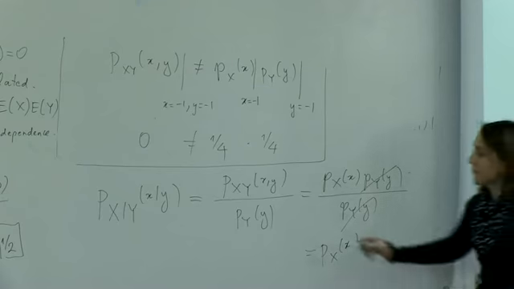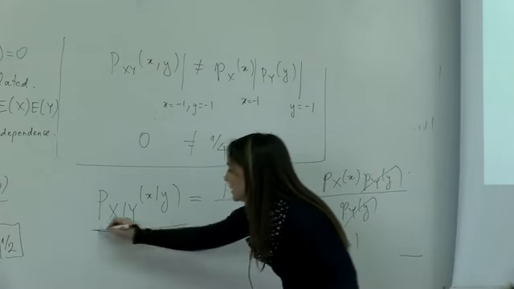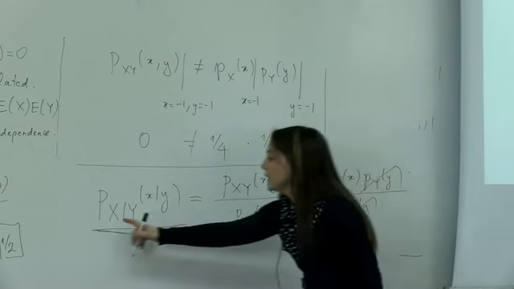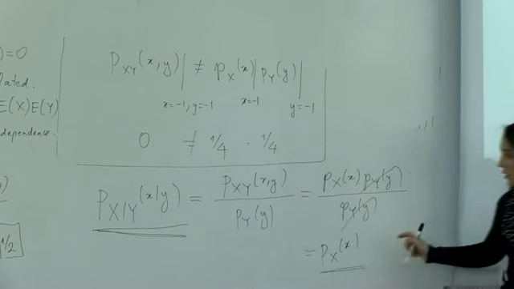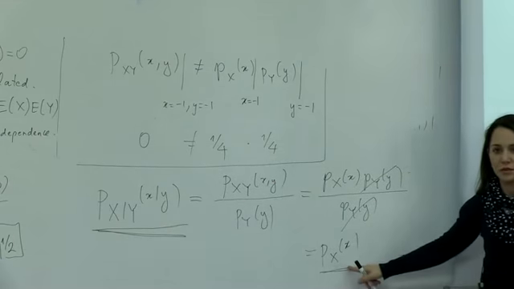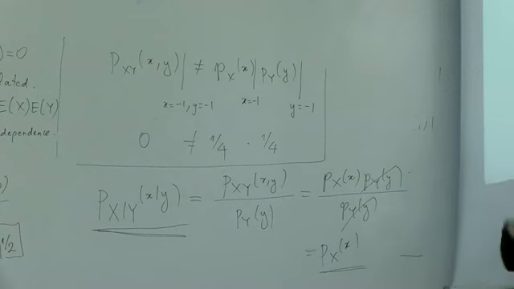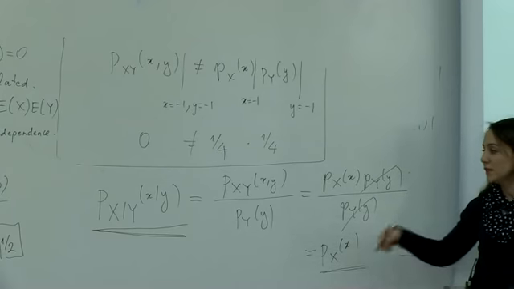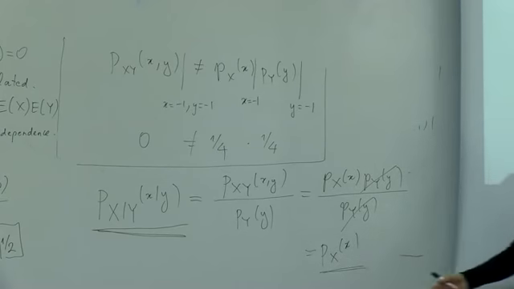Now, do you see this, the conditional being equal to the marginal is a direct consequence of independence. It makes a lot of sense. Because if x is independent of y, if you give me y, I don't care. It doesn't tell me anything about x. Px given y is the same as Px.